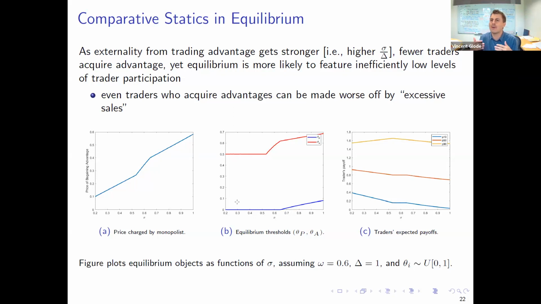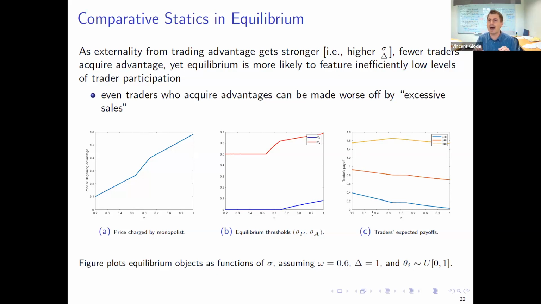Yet, even though fewer and fewer traders are acquiring the trading advantage, as the trading advantage becomes stronger, you start having some non-participation. You start having fewer and fewer people participating. So as the data becomes better and the trading speed is faster and faster, it becomes more optimal to sell enough of these trading advantages so that in equilibrium, markets appear to be rigged and some people exit.